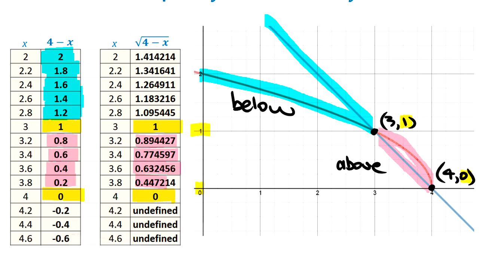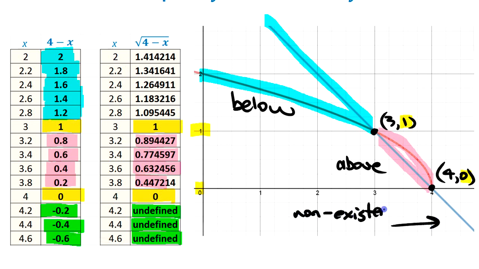Running out of colors here, let's use green. When those original ones are negative, you get this is undefined. The graph doesn't exist, right? Non-existent. How about that? This is when the original function is greater than 1.